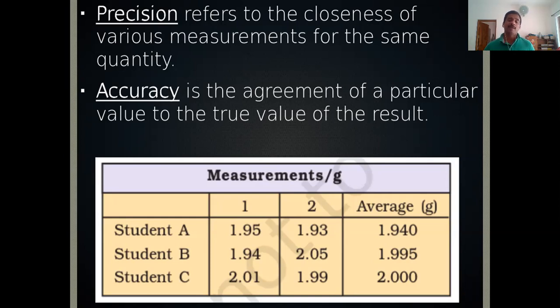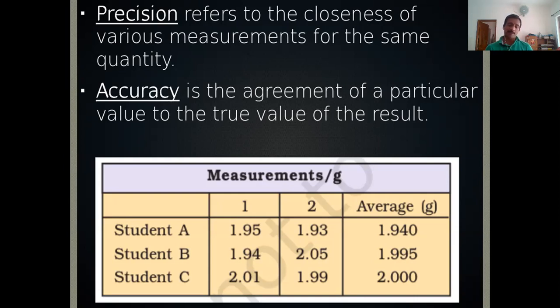Student A conducted two measurements, and in the first measurement he got a value 1.95, and in the second measurement he got a value 1.93, and its average is 1.940. If you observe value 1 and 2, you can see they are very close to the average value 1.940.